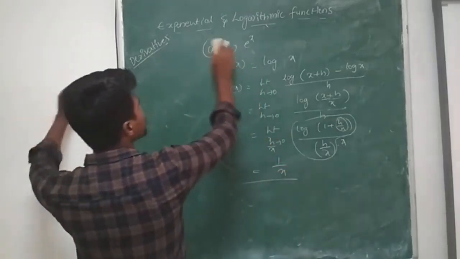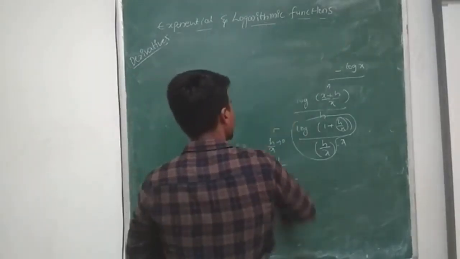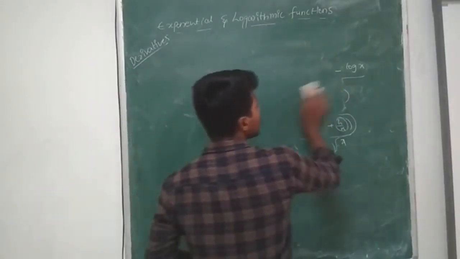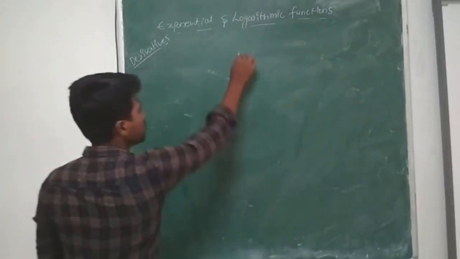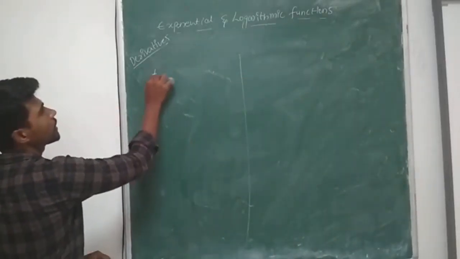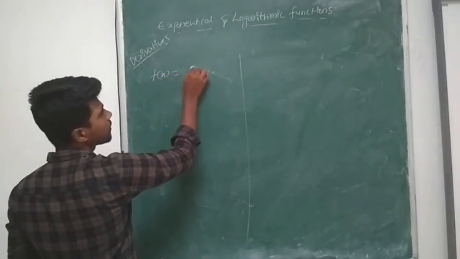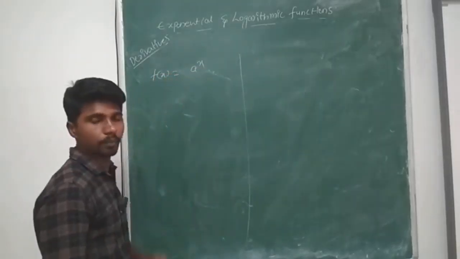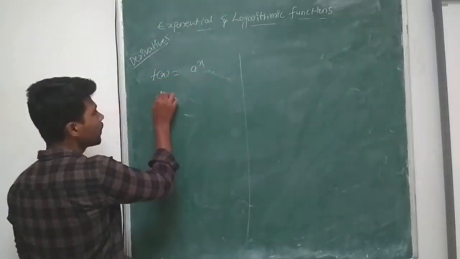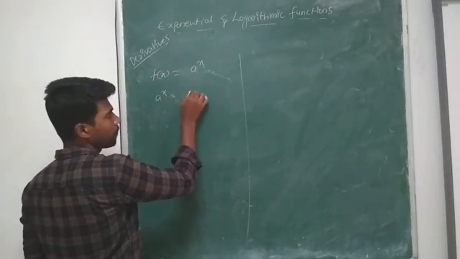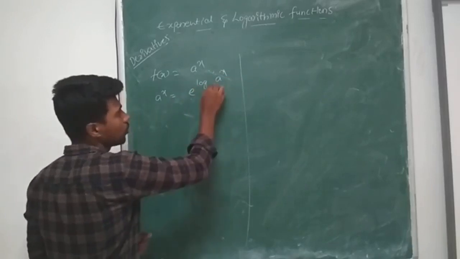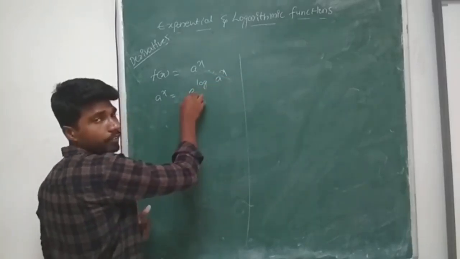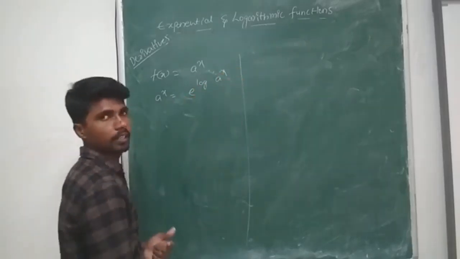Now we go with a power x and logarithm for any different base. The function f of x is given as a power x. Previously we discussed that a power x can be written as e power log a power x, since the base and the base of the exponent are the same.